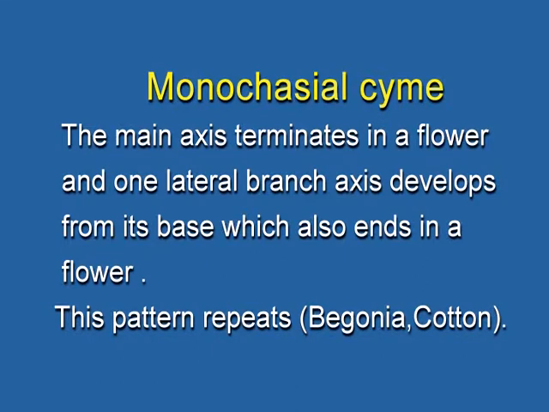In monochasial cyme, the main axis terminates in a flower and one lateral branch axis develops from the base, which will also end in a flower, and the pattern will be repeated again and again. For example, it is present in begonia and cotton.